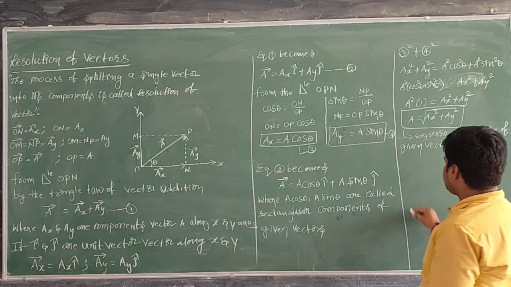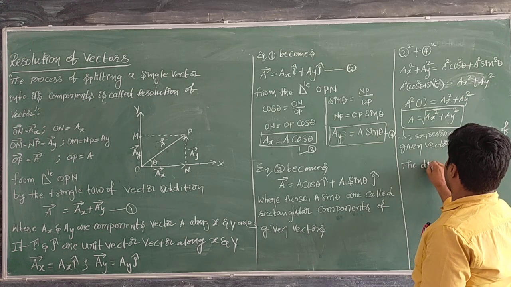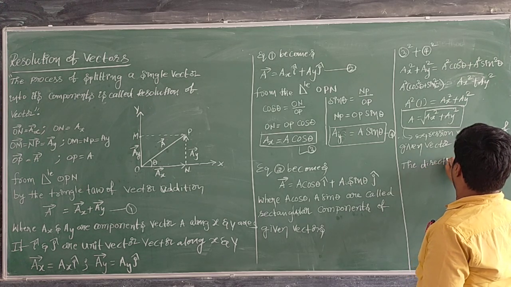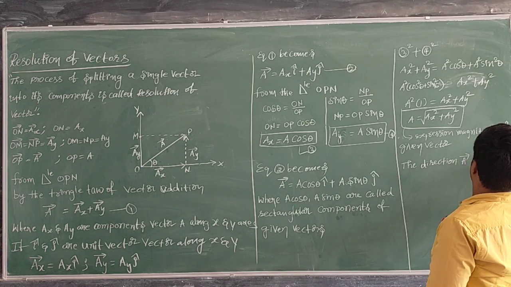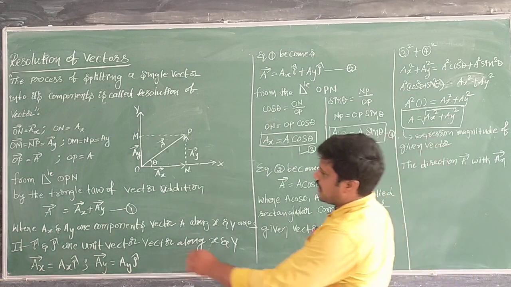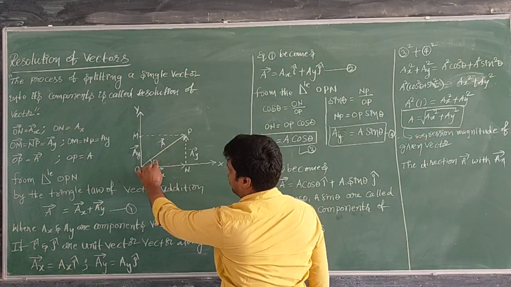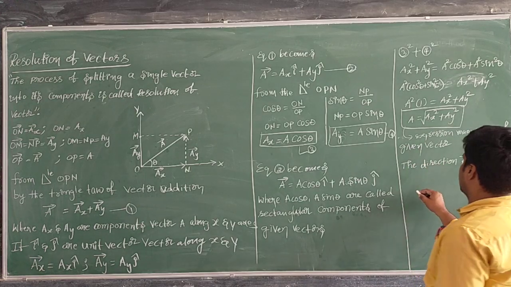Next, the direction of A bar with Ax bar. That means at what angle this A bar vector is lying with respect to the x axis.